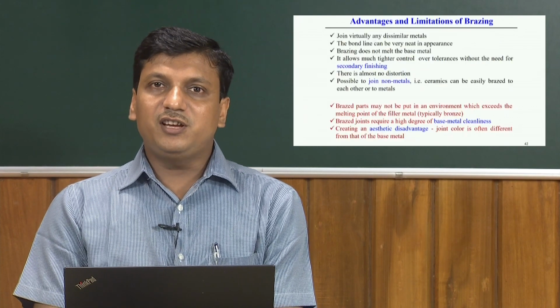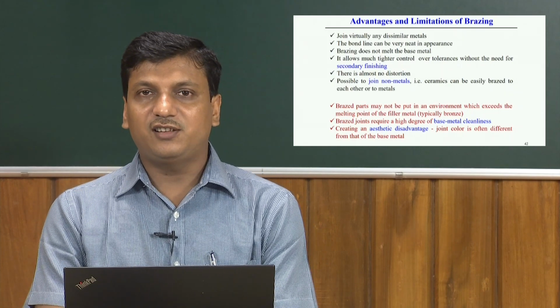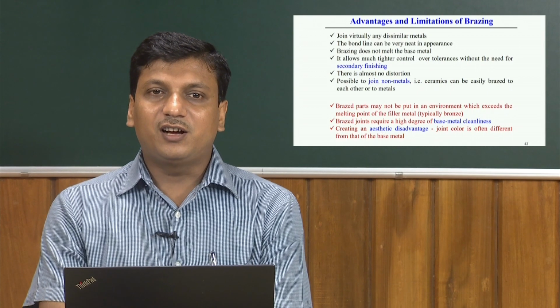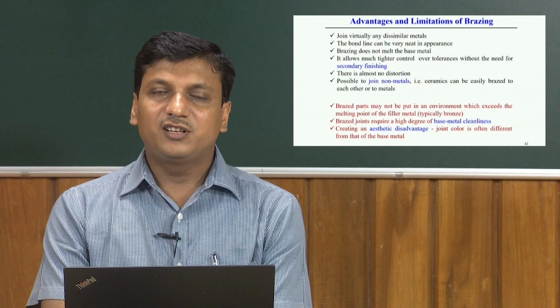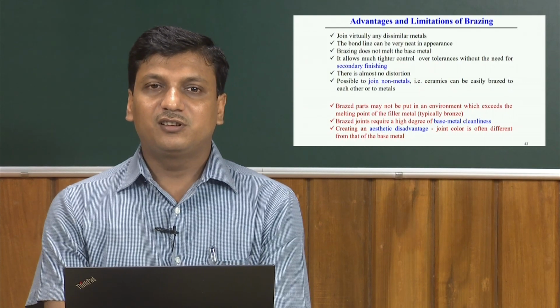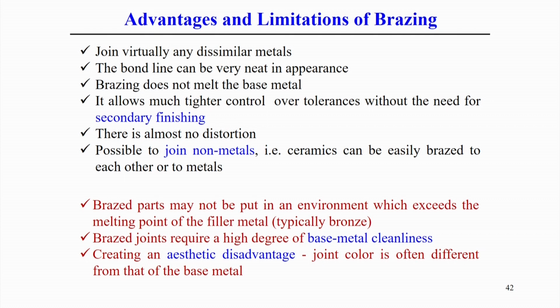So, in general, let us look at the typical advantages and disadvantages of the brazing process. First, the advantages. The first thing is that it can join any kind of dissimilar materials or dissimilar metals.